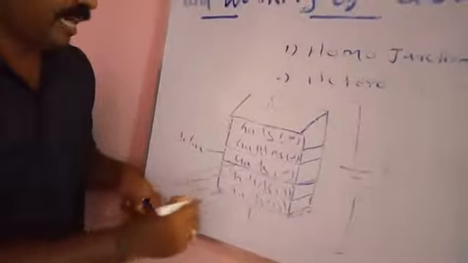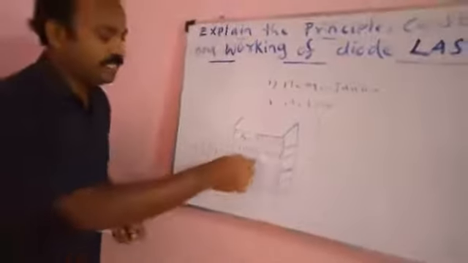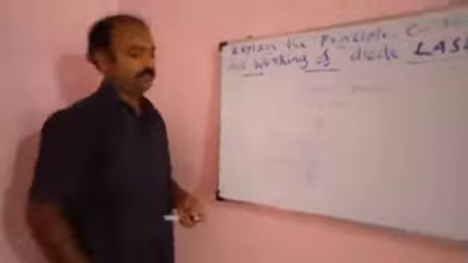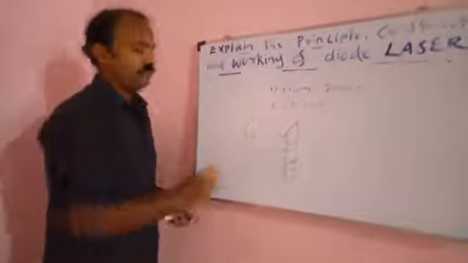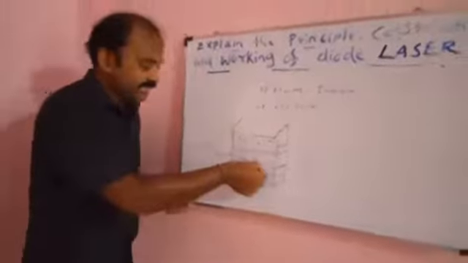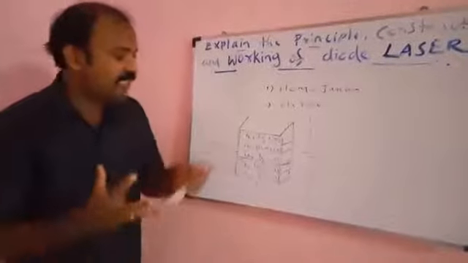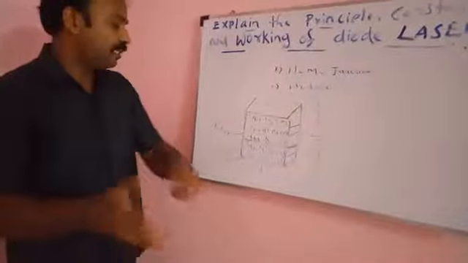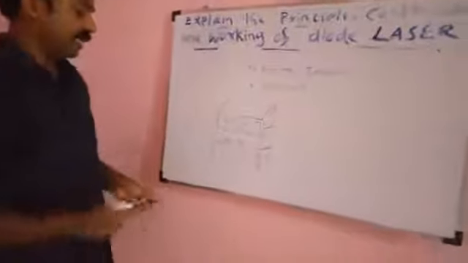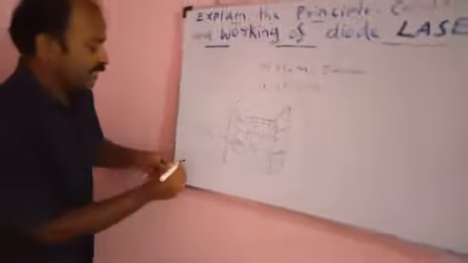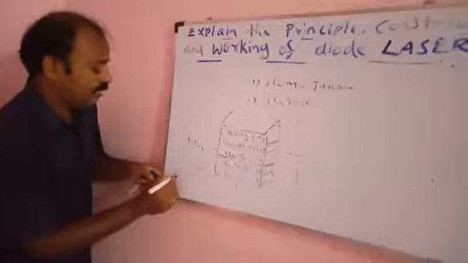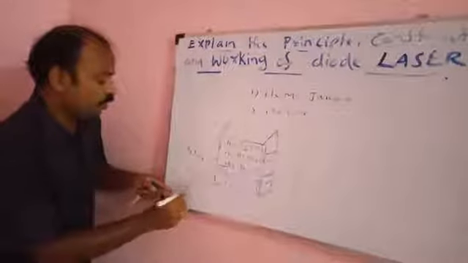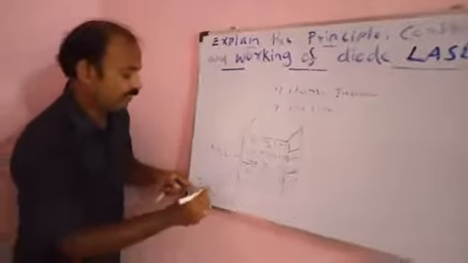The laser light comes out at the junction between the third and fourth layers, and its wavelength is actually 8014 Angstrom units.